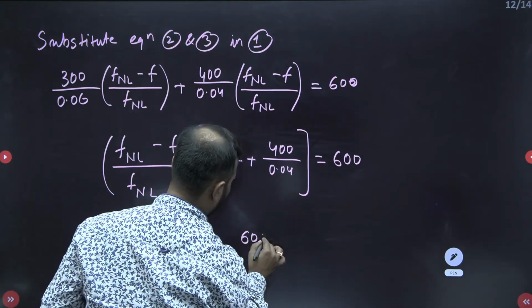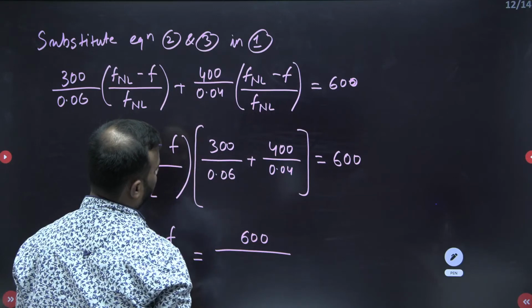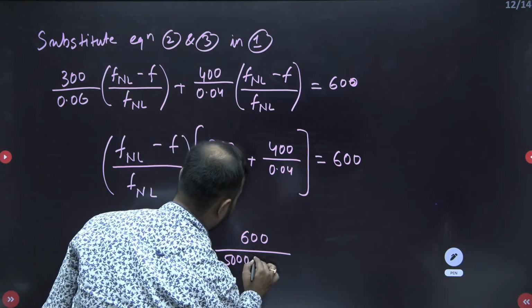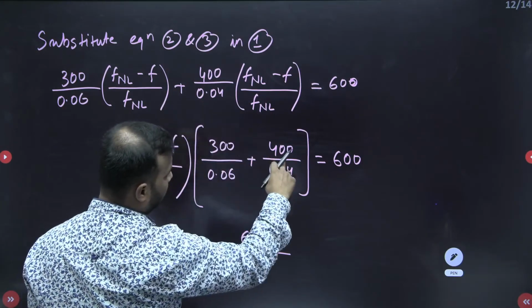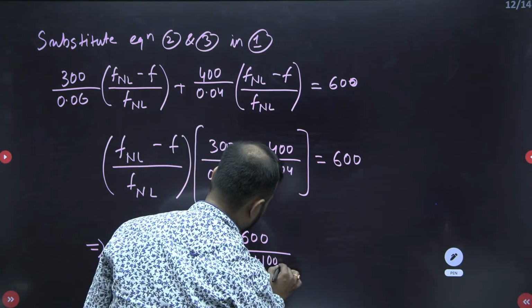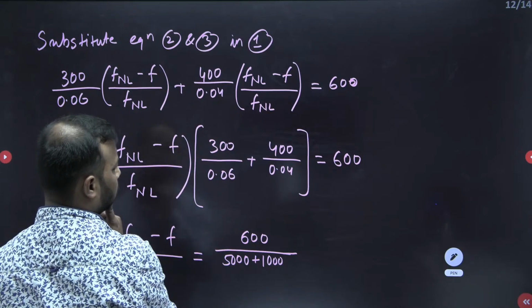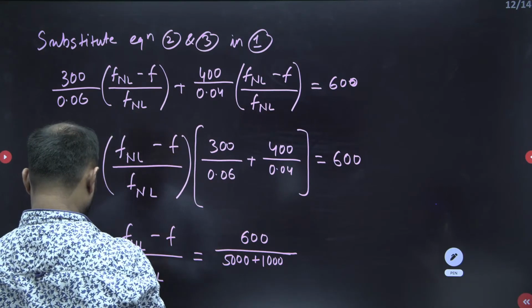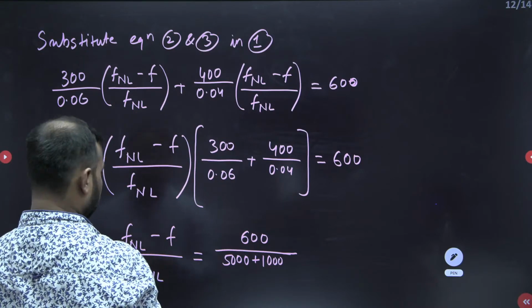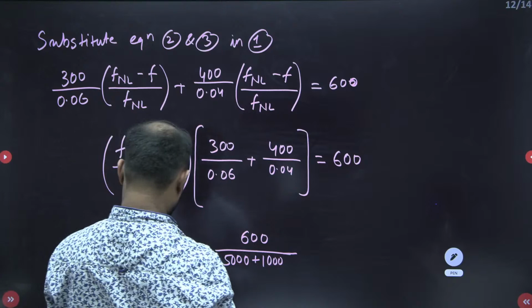Okay, just a second, let me calculate. 300 divided by 0.06, so this is 5000. 400 divided by 0.04, this is 10,000.